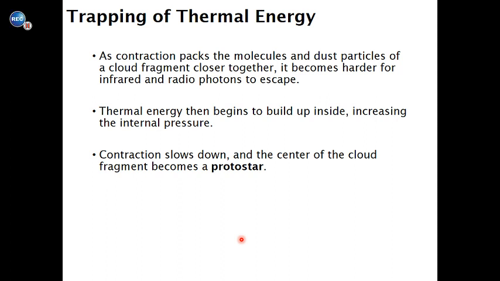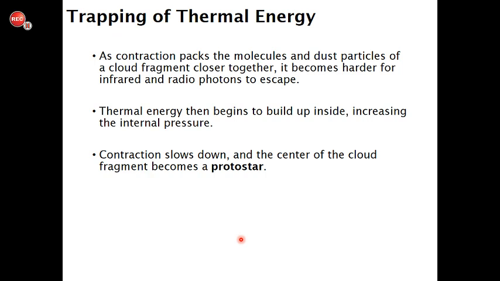The contraction will slow as thermal energy builds up, and the center will form an object, what's called a protostar. The outer materials may not be in balance, but this local object that's warm and dense will be stationary, so it'll stop contracting.